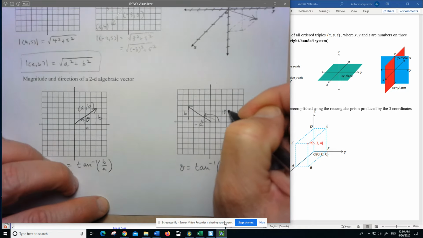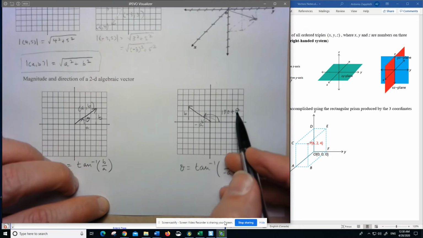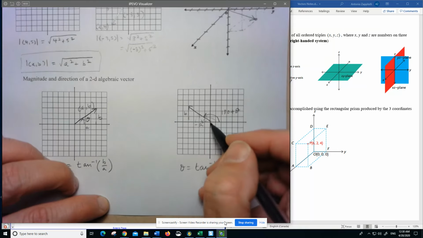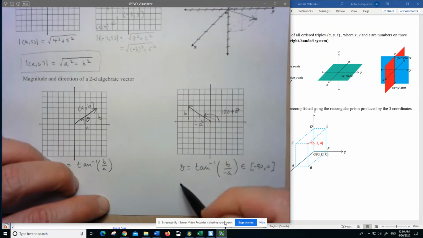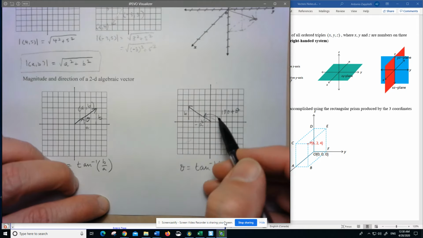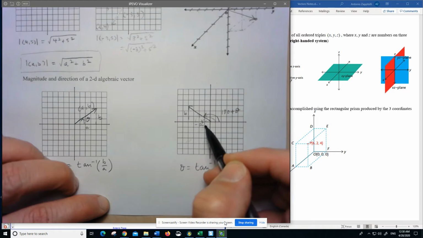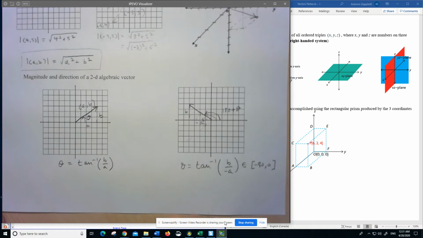This is going to be 180 plus theta, because theta is going to be a negative number, so it's going to subtract from 180. If I'm in the third quadrant, well, I'm still going to find this angle theta, except now in the third quadrant, it's going to be a positive angle. I'm going to have to still do 180 plus theta, because now I'm going to be adding that angle. So you sort of see where this is going.